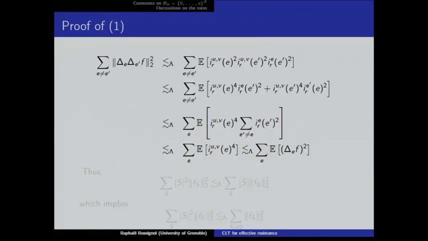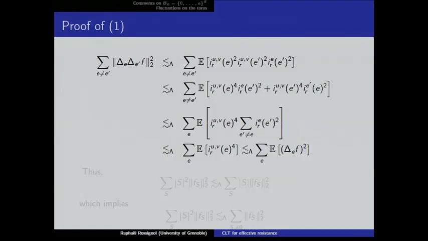First, I use the formula for the second partial derivative of f. We want to sum over all couples E, E prime, where E is different from E prime. So I want to separate these two terms. I just use 2ab less than a squared plus b squared, a very important inequality.